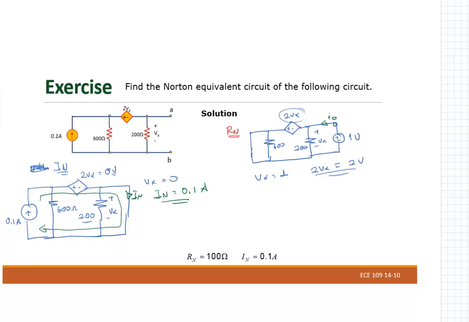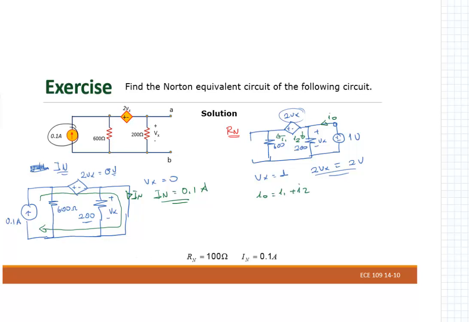Oh, hold on, make sure this is right. This is short right there, and it should be open here because it was a current source. So I can find this current and this current. I'm going to call this one I1 and this one I2. Then I0 will be equal to I1 plus I2.